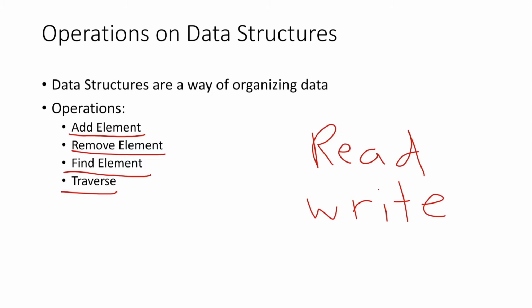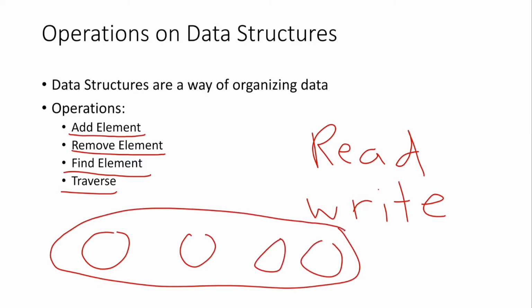What traversing means is that you iterate through each element in the data structure so that you can find whatever you want. Mind that each element is each thing that you're storing inside. For example, if you have a list of books, you have book 1, and then book 2, and book 3, and book 4, and all of this is a list.